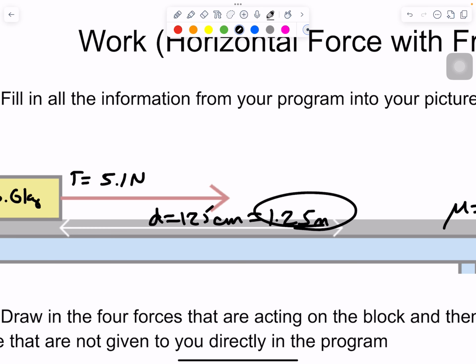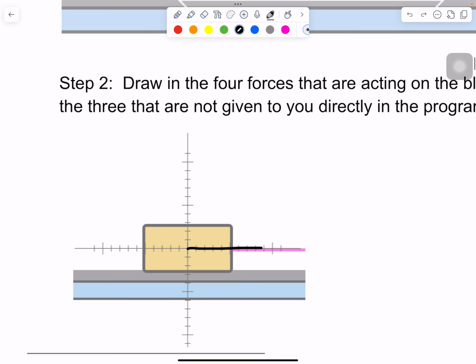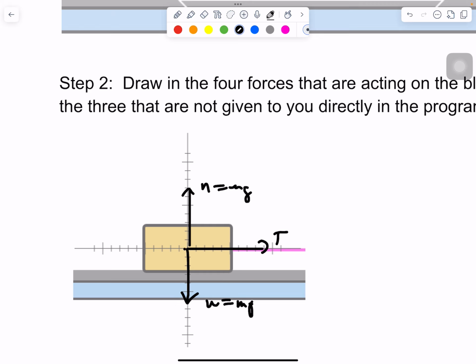That right there is going to be our distance. So we're going to draw in the four forces. We've got tension, normal force, weight. You can see normal force balances weight, so that's going to be mg as well, and then friction. Friction equals mu times normal force.